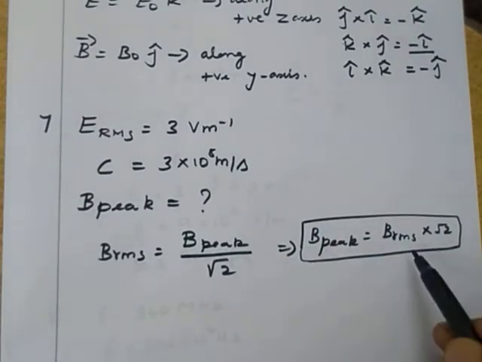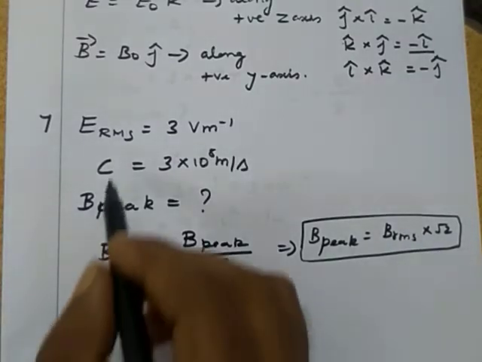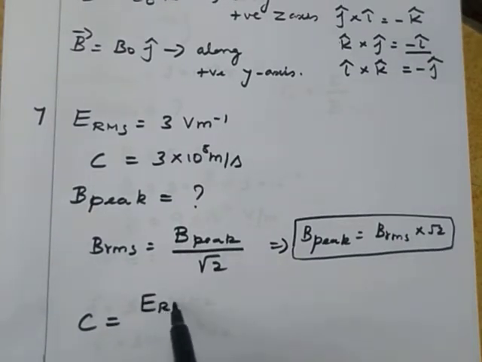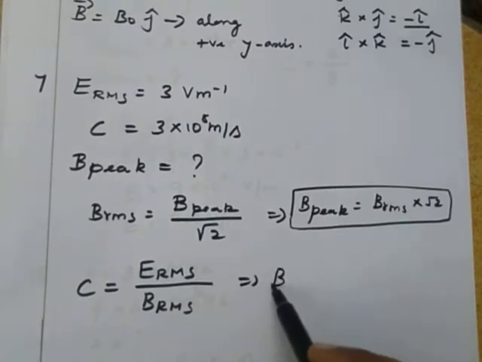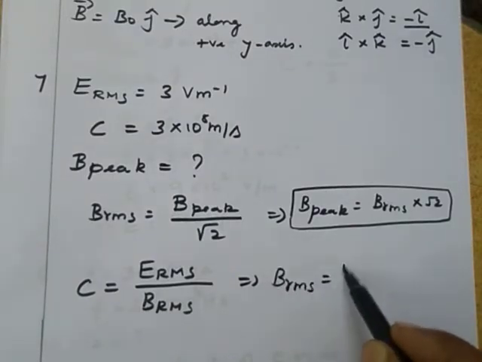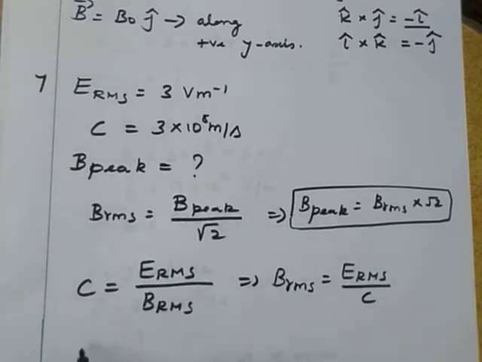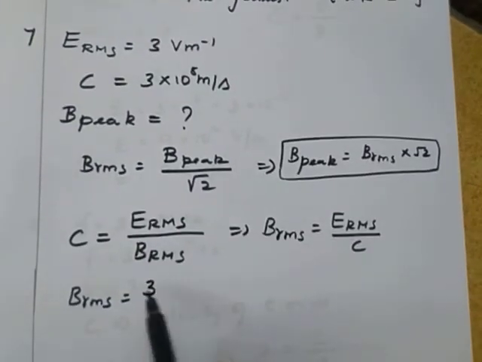So we need to know the value of B RMS. We know the relation c is equal to E RMS by B RMS. By solving this we get B RMS is equal to E RMS by c. Substituting, B RMS is equal to 3 divided by the velocity of light, 3 into 10 power 8.